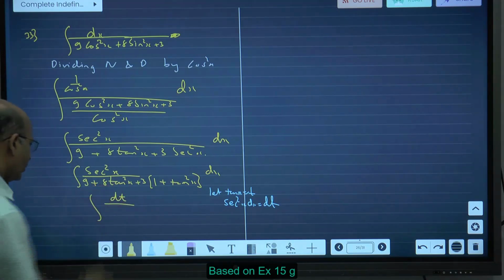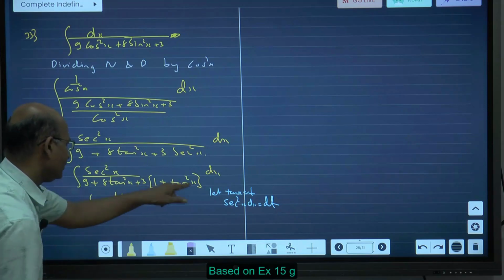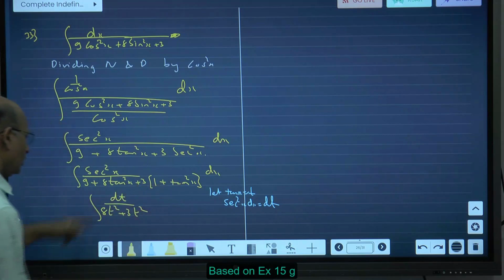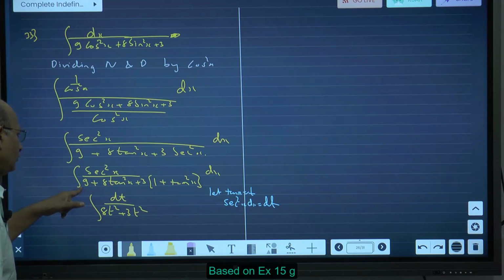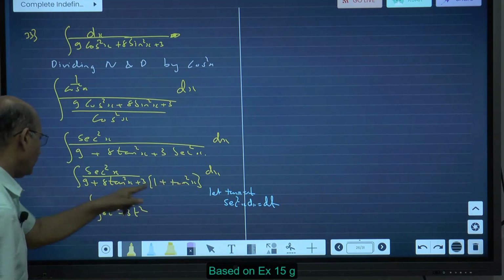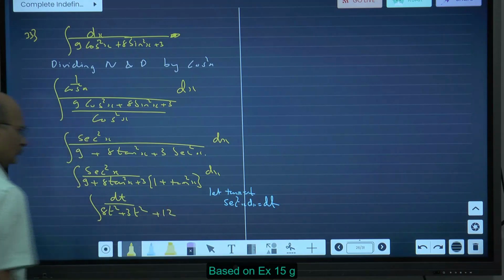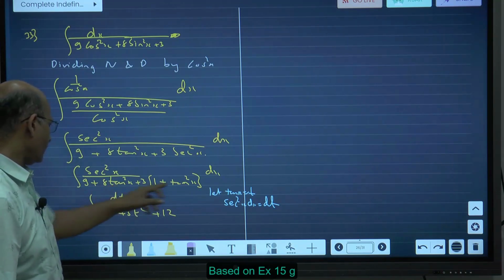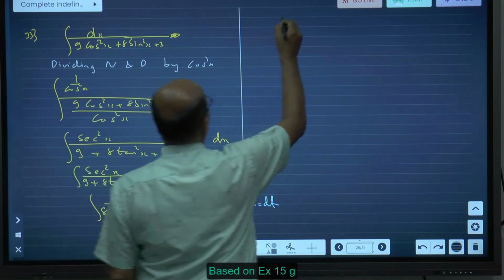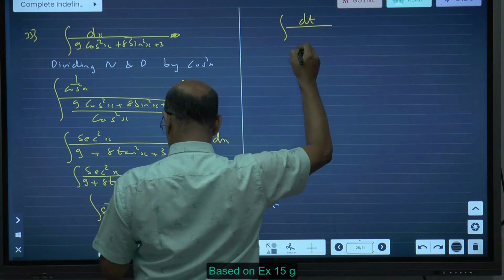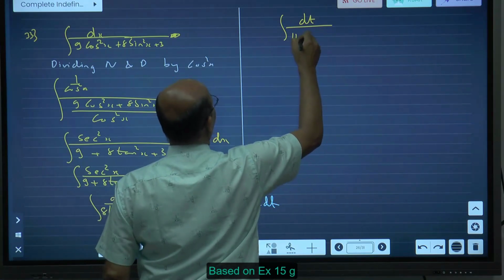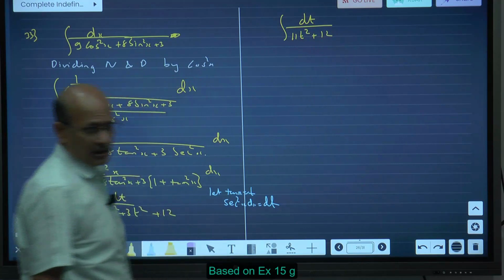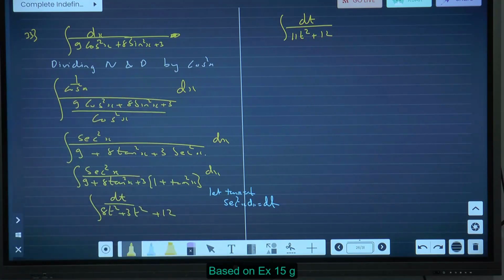Now see 8t square plus 3t square, then 8t square plus 3t square plus 12. 9 plus 3 is 12, yes, 8t square plus 3t square. So what happens now here, this will become dt upon 11t square plus 12. So I think I am done here. Look at the question pattern here. Let me confirm that the sum is 9 cos square x.